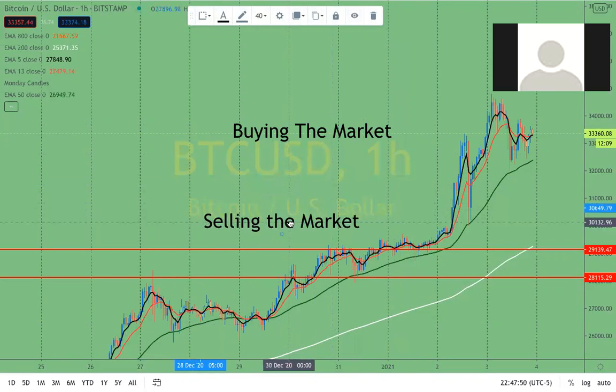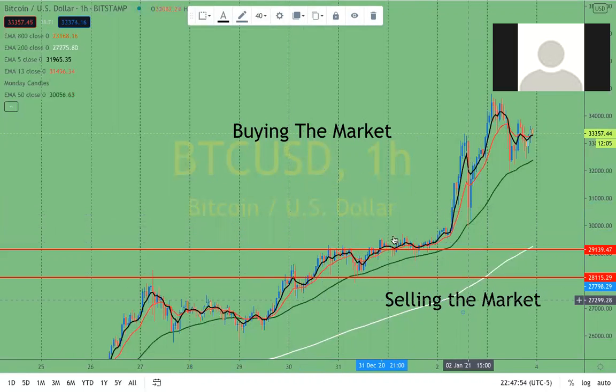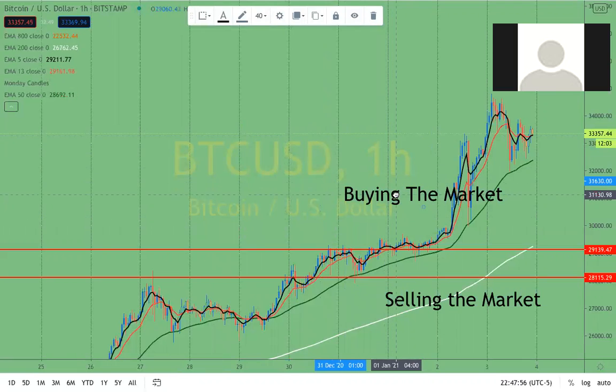You're either gonna sell the market or buy the market. And usually when you sell the market, you're looking for it to go down. And usually when you buy the market, you're looking for it to go up.